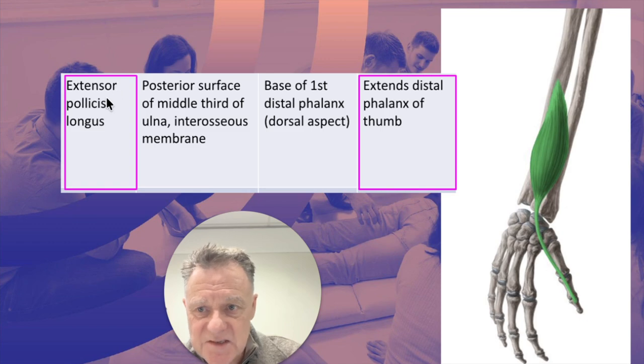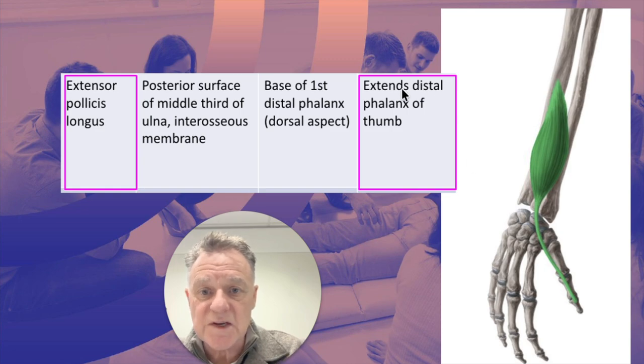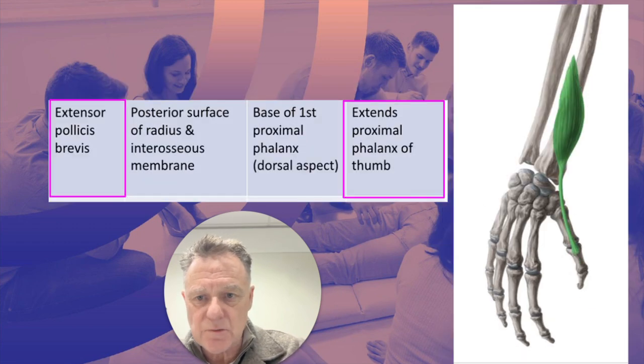Extensor pollicis longus, posterior surface of the middle third of the ulna, right? So again, we're in a pronator position here, ulna. Base of the distal phalanx of the first digit, so the thumb, so because this is the posterior aspect of the wrist itself, it's going to extend the distal phalanx and be a weak extensor of the wrist as well.